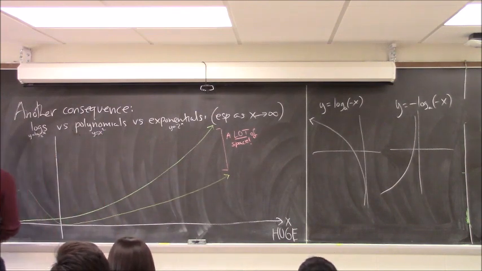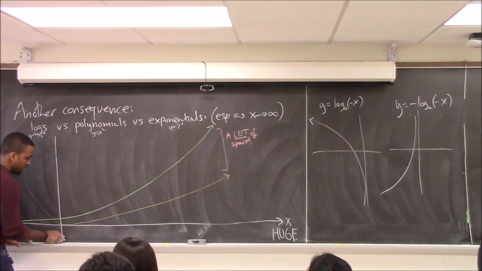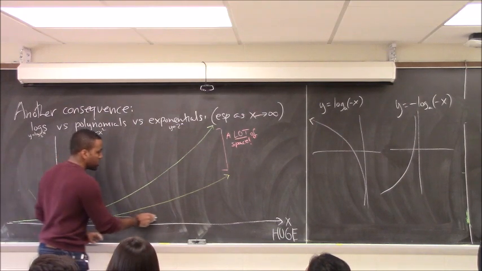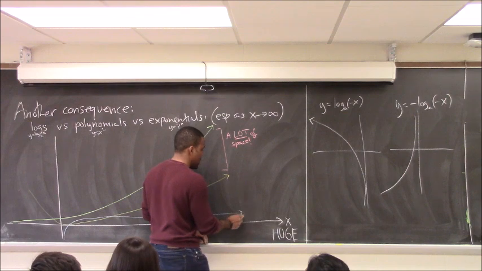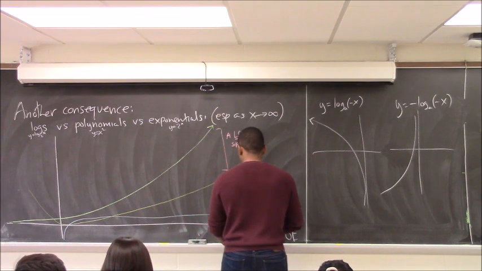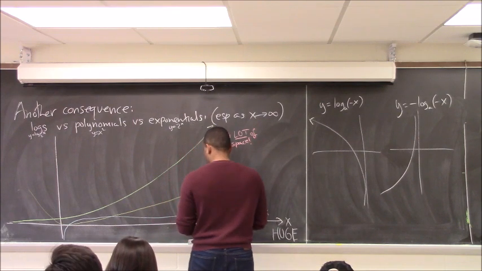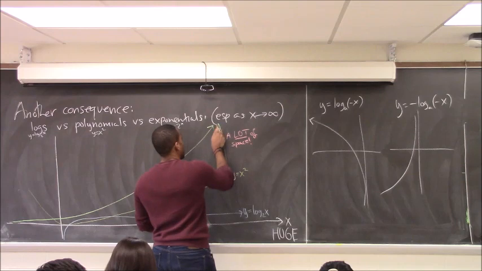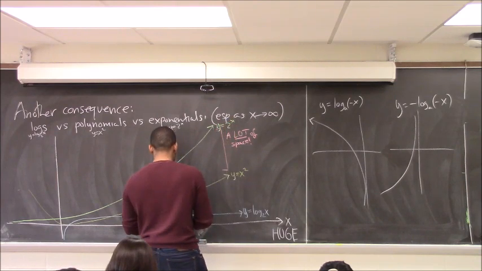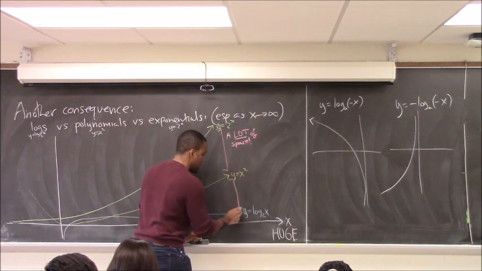The logarithm is actually the loser here. He is eventually going to grow very slowly. Logs are going to be stuck way down here. So this would be like your log. And this will be like your polynomial. And this will be like your exponential. And between here, there is a lot of space.